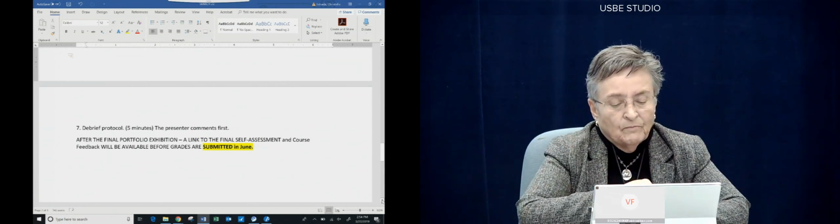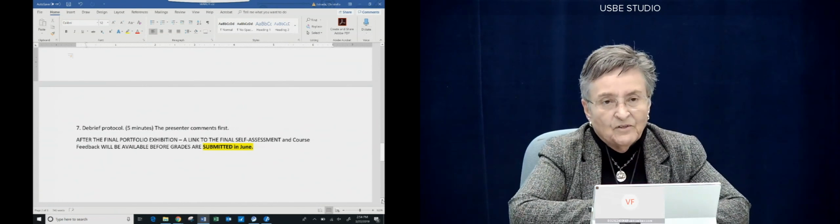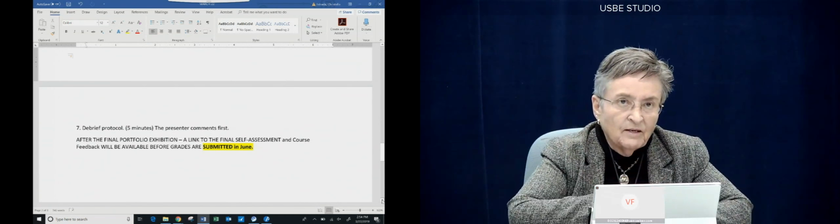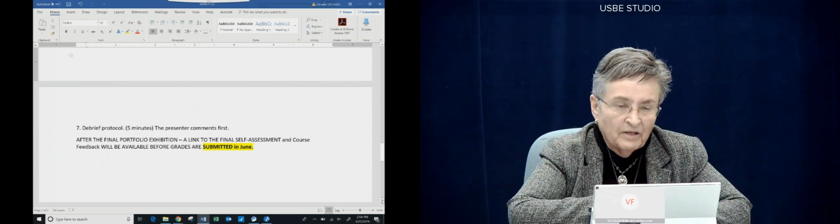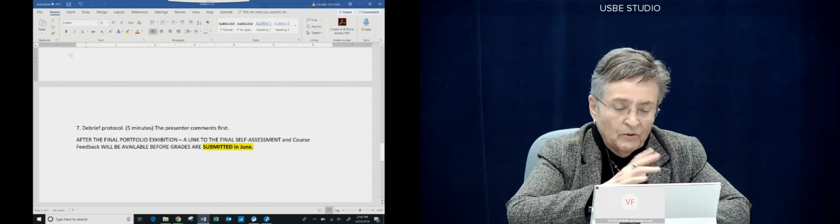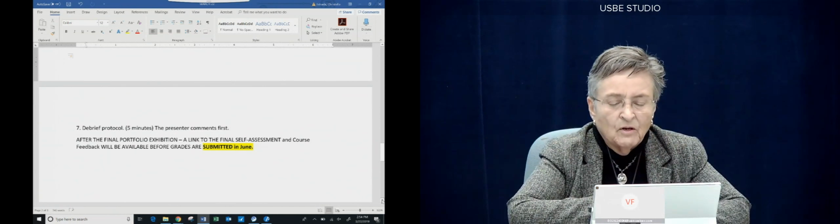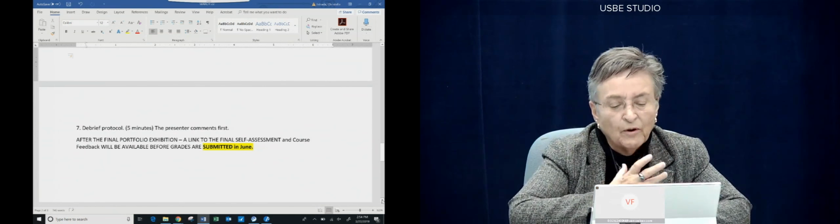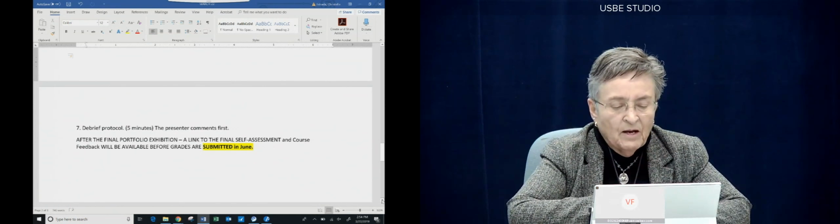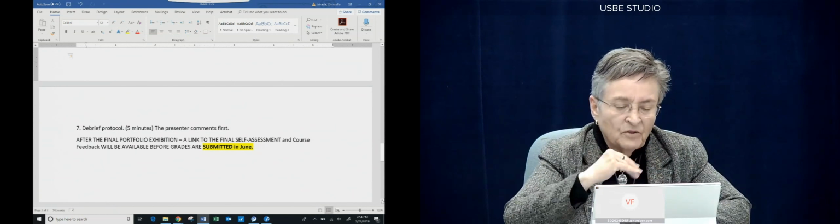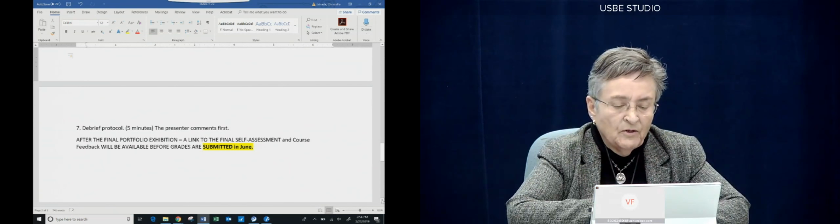And then, obviously, the University of Utah has a system with course evaluation as well, which you really should fill out very honestly. This is the whole point, is we're all learning together. And then I look at those things and consider everything, and then your grade is submitted in June.